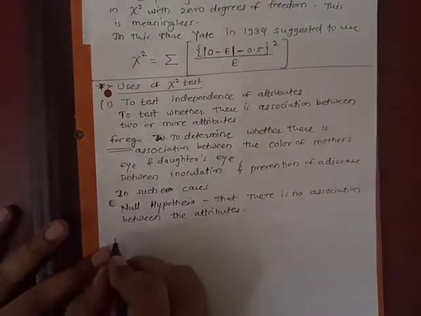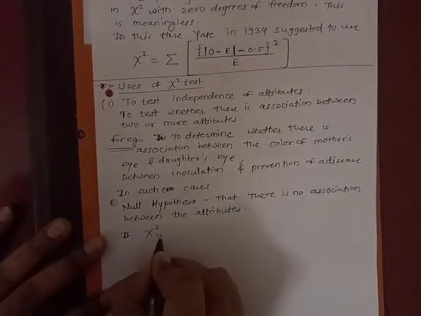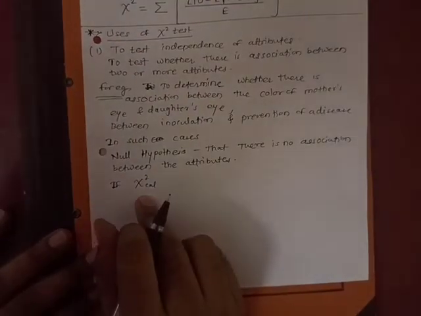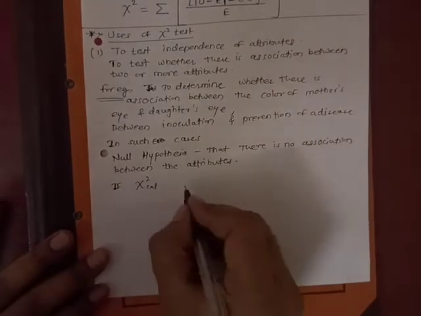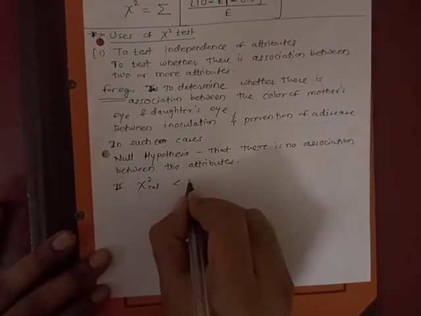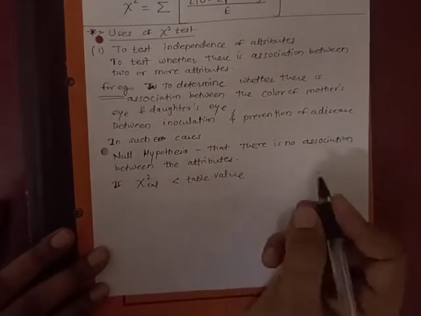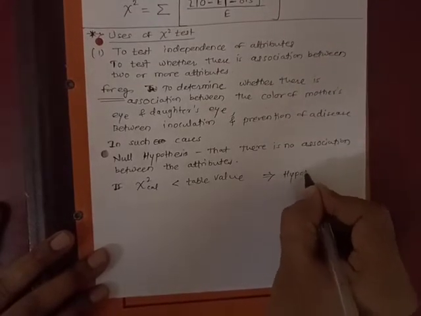If the calculated value of chi-square, I denote it by chi-square calculated value, at a certain level of significance is less than the table value, the hypothesis is accepted.